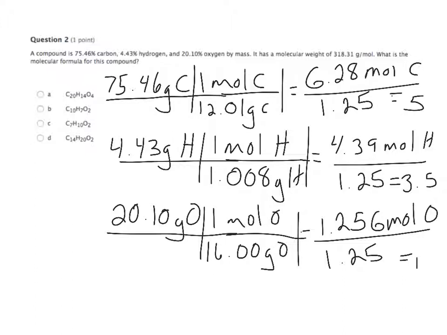So what we end up with is our empirical formula will be H7, because 3.5 times 2 is 7, and O2. I tell you that your molecular mass is 318.31. Our empirical formula would be C10, because 5 times 2 is 10.